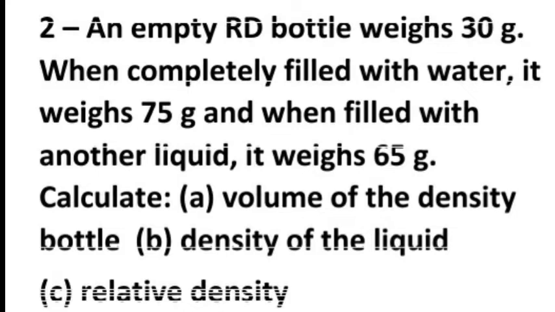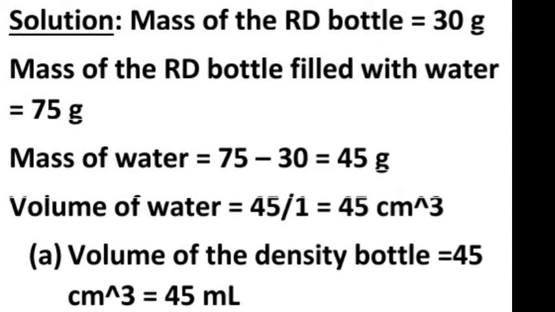So how will you calculate the volume? The mass of the empty RD bottle is 30 grams, and when it is filled with water, its mass is 75 grams. So how will you calculate the mass of water? Mass of water equals 75 minus 30, that is 45 grams.